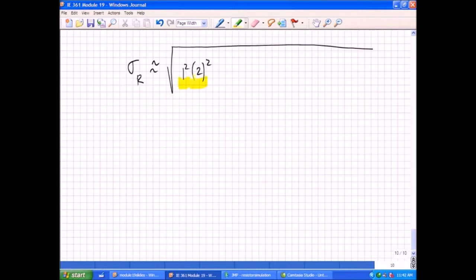This is the square of the standard deviation for R1, plus 1/4 squared times 4 squared, and this is the partial with respect to R2 evaluated at the mean values for R1, R2, and R3, times the variance for R2, and then the corresponding thing is 1/4 squared times 4 squared for the term coming from resistor 3.